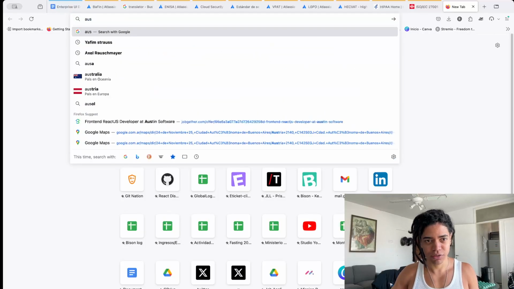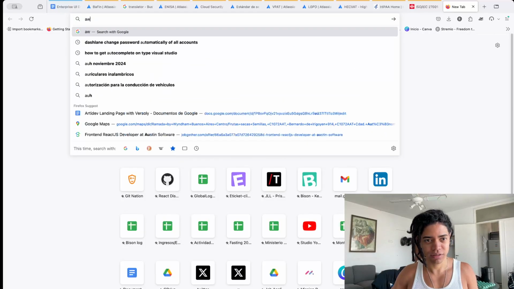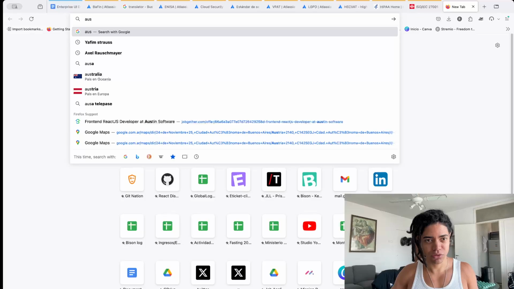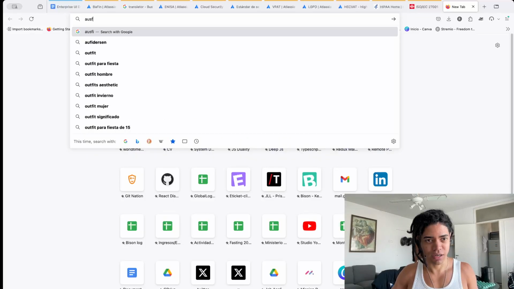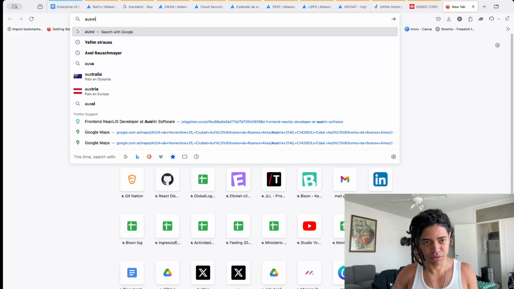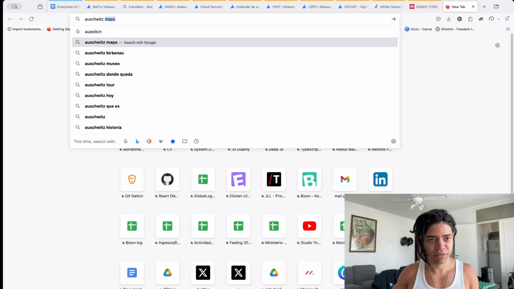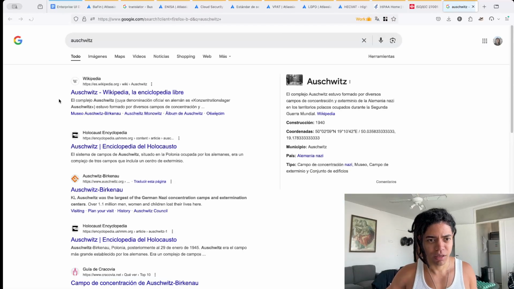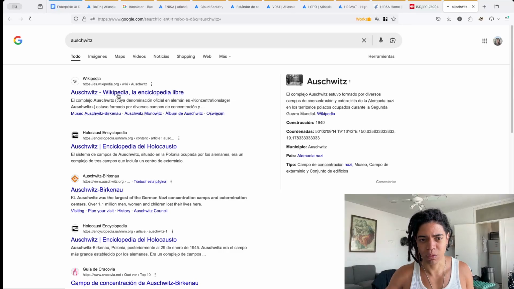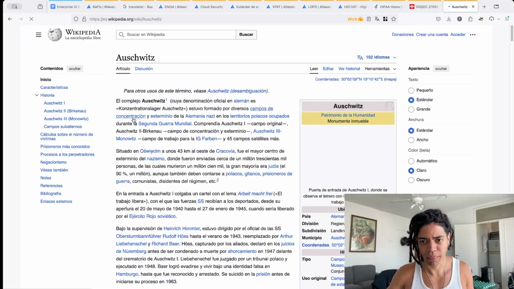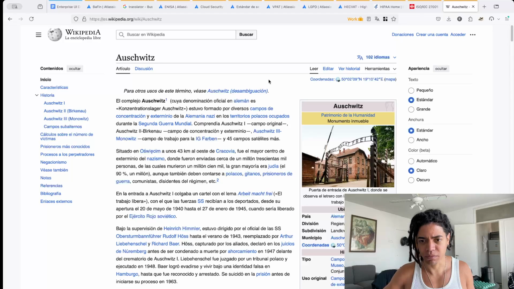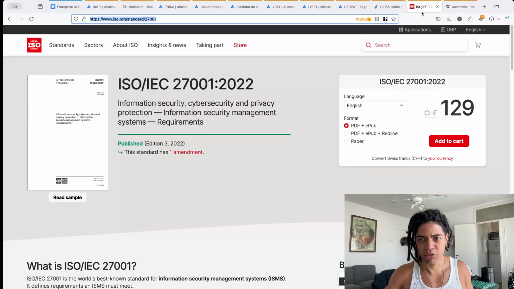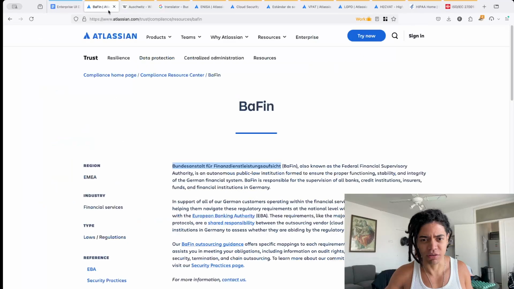So Aufsicht means authorization. That's quite interesting.